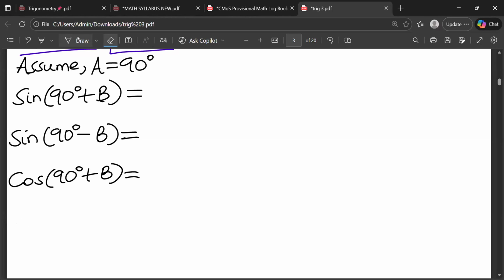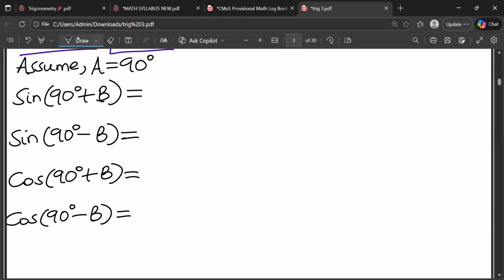So now we begin. You expand for us the first one. So the first one, it's sine 90 degrees, sine B. First, wait, before we even go any further. It is sine. Then what should I put here?